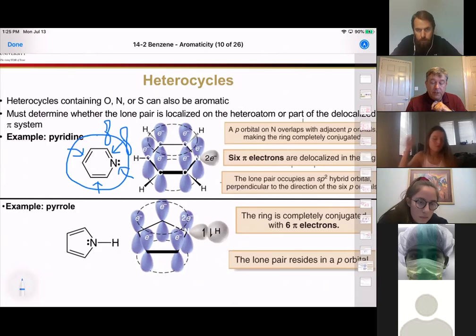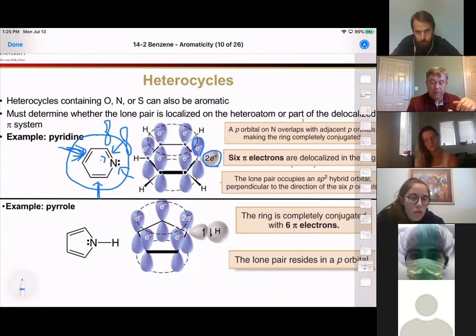So this nitrogen is sp2 hybridized, and this electron pair is actually in that sp2 hybrid orbital. However, the leftover p is allowing it to double bond with the carbon next to it, giving it a total of 6 electrons in the delocalized cloud. See, a pair of electrons here, a pair here, and a pair here, 6 electrons. It meets all the rules: available p orbital, cyclic, planar, and 6 electrons, okay?